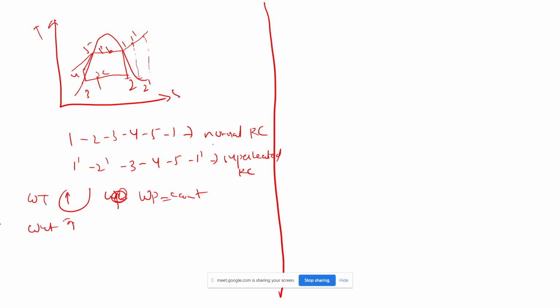It will increase because turbine work is increasing. Heat supply increases, because we are increasing the temperature of the steam. Heat rejected? Increases. And mean temperature of heat addition?